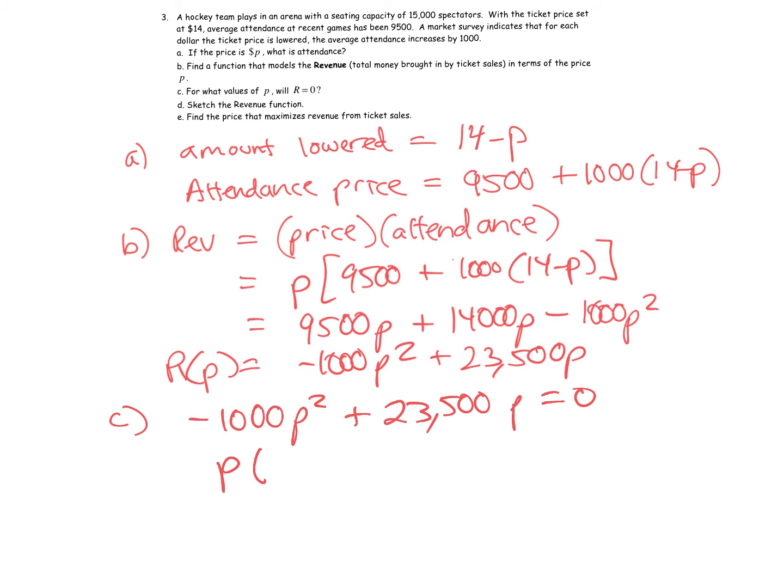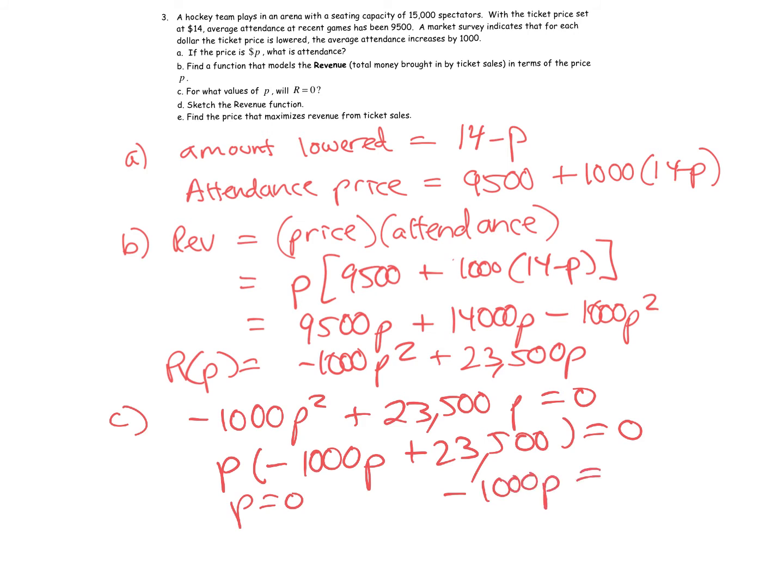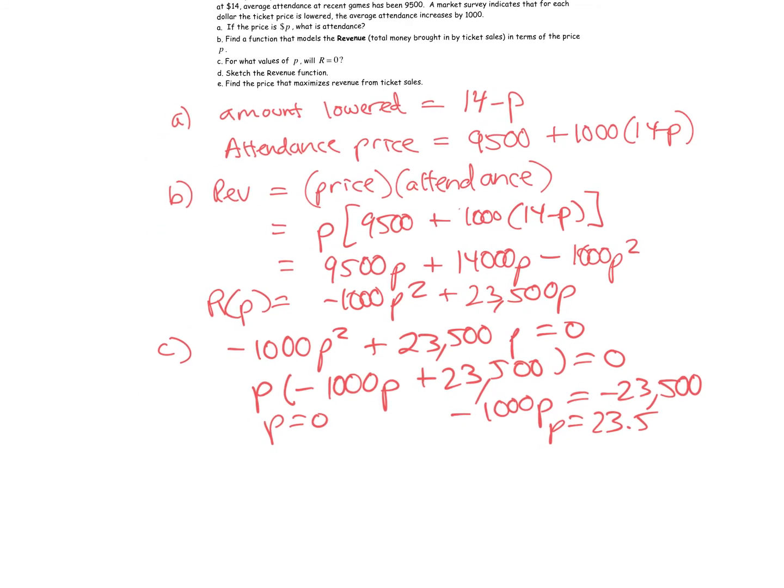So if I take out a P, I'm left with negative 1,000 P plus 23,500 equals 0. So set each equal to 0, and so either P is 0 or negative 1,000 P equals negative 23,500. So in this case, P will be 23.5. So those are the prices for which the revenue is 0.